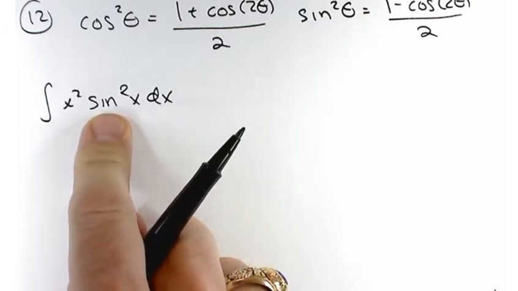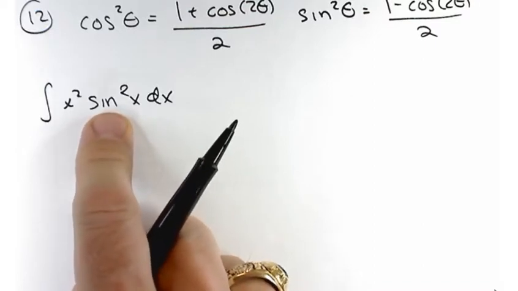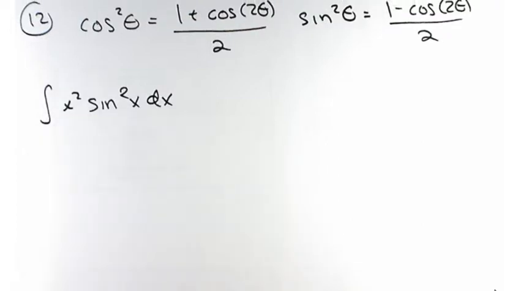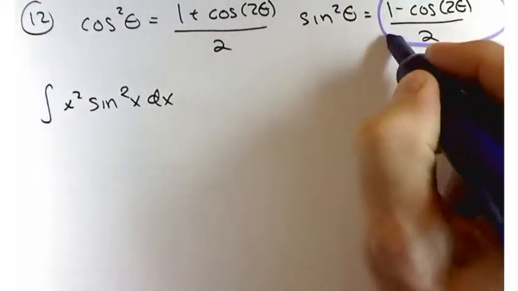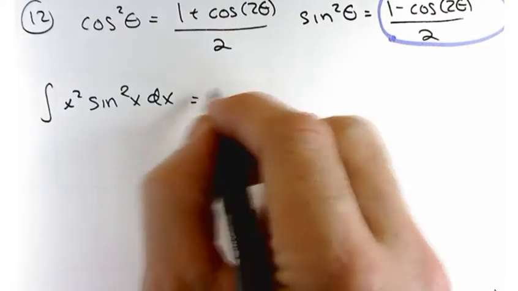Even if you turn that into 1 minus cosine squared, you're still not going to be able to split off that du term. So your next best friend then is one of the power reduction formulas. In this case, it's this one right here.